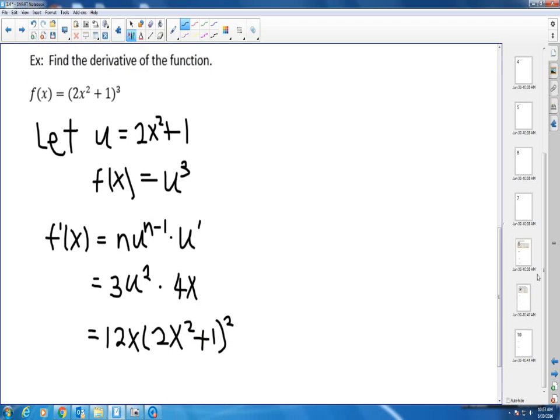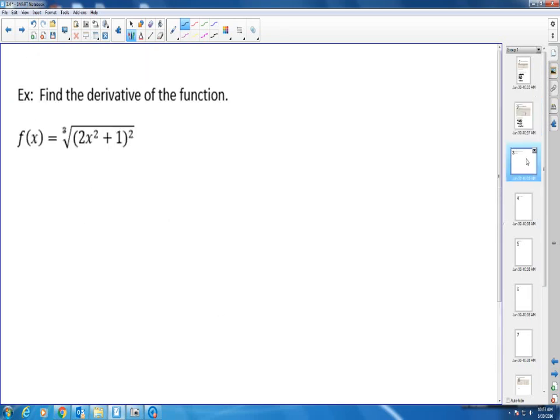Normally when we deal with the chain rule, I simply say derivative of the outside, keeping the inside, times derivative of the inside. So let's give that a try. This is a cube root function here. The first thing I'm going to do is rewrite this function as 2x squared plus 1, the whole thing to the 2/3 power.